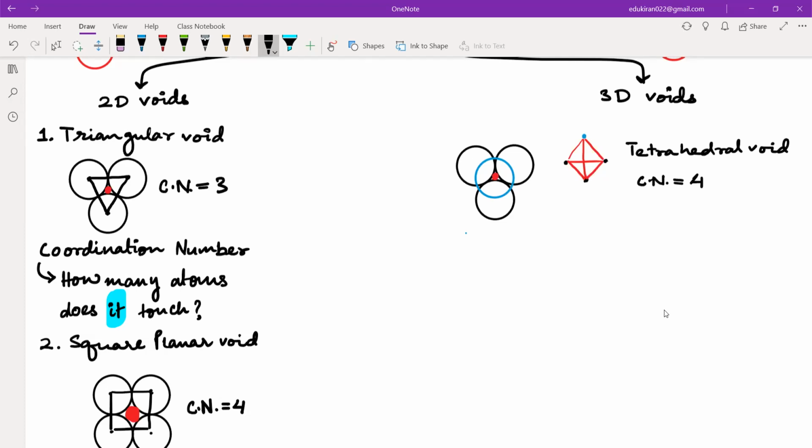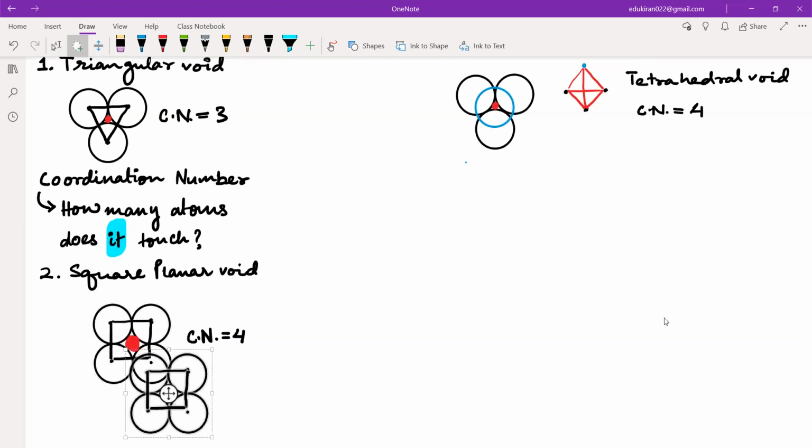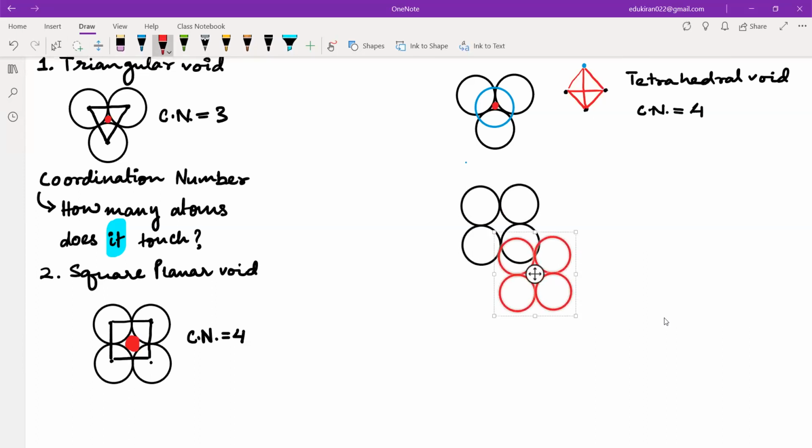Now let us move on to the next void. For that, I will copy this square into the void. As soon as I paste it here, these circles have become spheres. So imagine there are 4 spheres lying on the floor. I copy this, paste this, change the color, reduce the size.